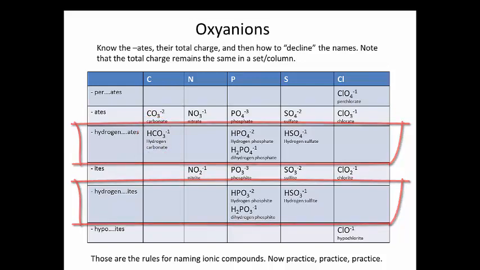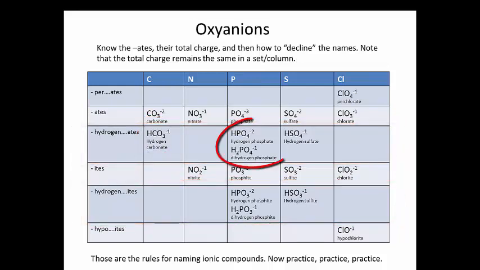Hydrogen carbonate. For phosphate, we can add one hydrogen and become hydrogen phosphate, and it now has a charge of minus 2. But notice also that we can add 2 hydrogens to become dihydrogen phosphate. Okay, sulfate, if we add one H plus, becomes hydrogen sulfate.